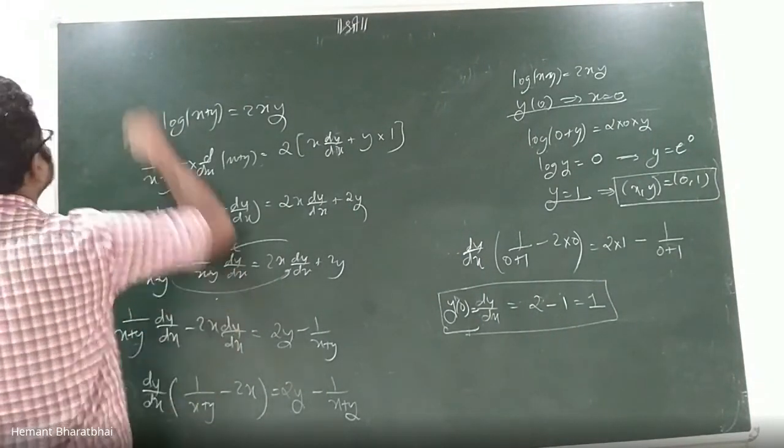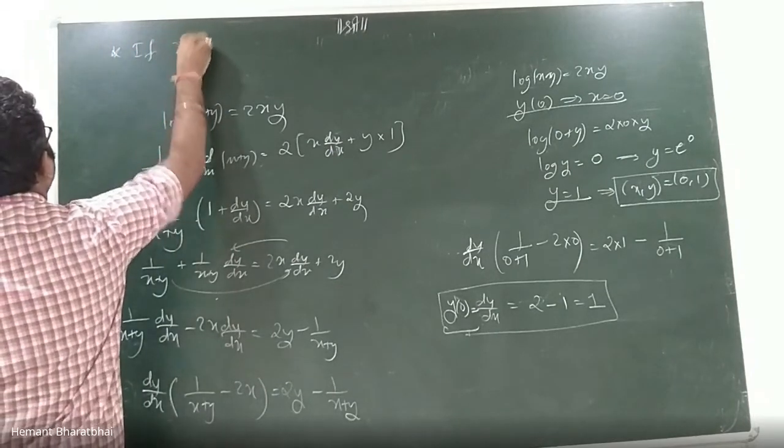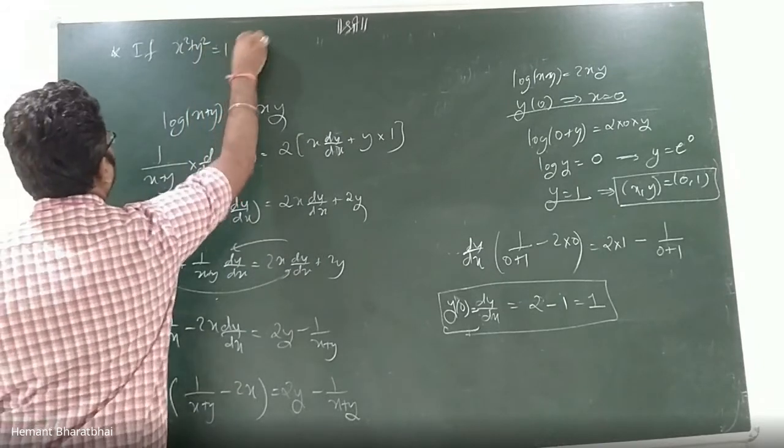If x square plus y square is equals to 1, then option A, y double dash minus 2 y dash the whole square plus 1 is equal to 0.